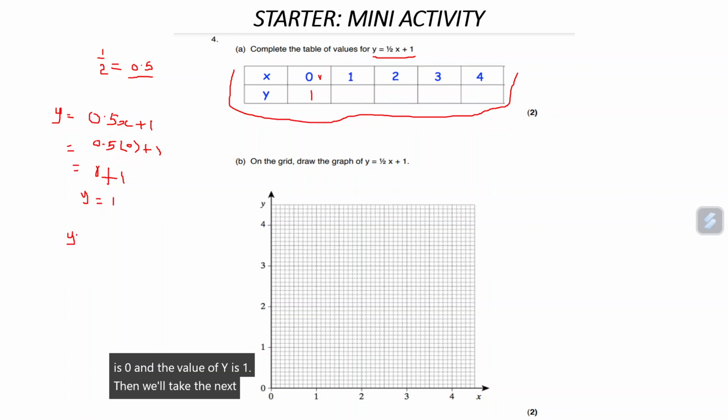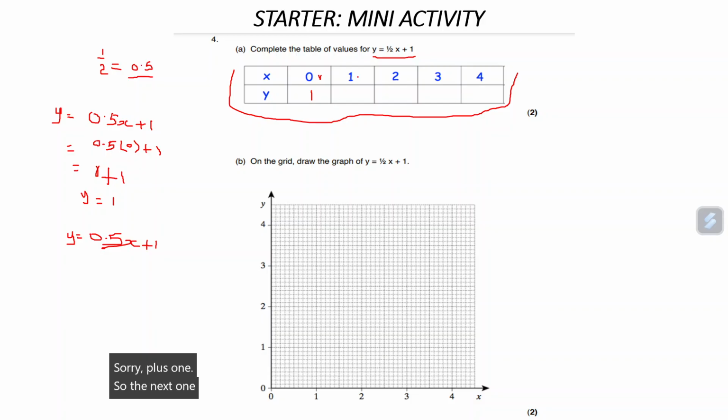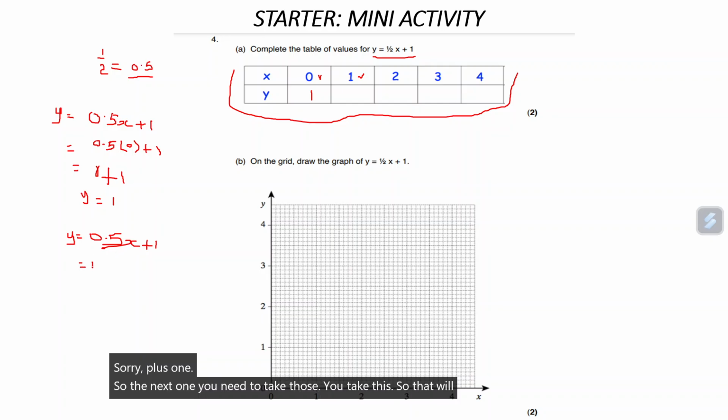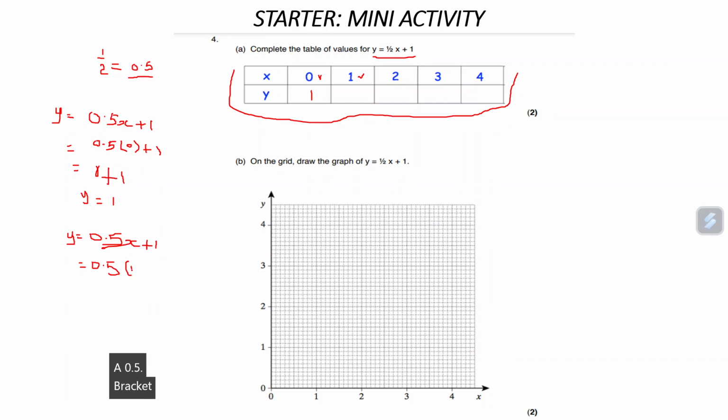Then we'll take the next one. This is our equation: y is equal to 0.5x plus 1. So for the next one, you take this value, so that will become 0.5 bracket open 1 bracket close plus 1.